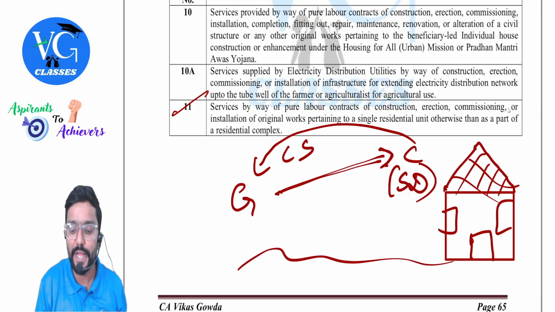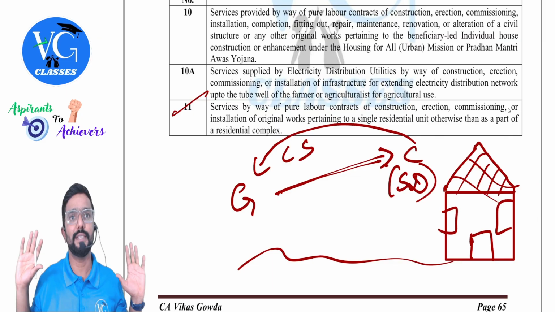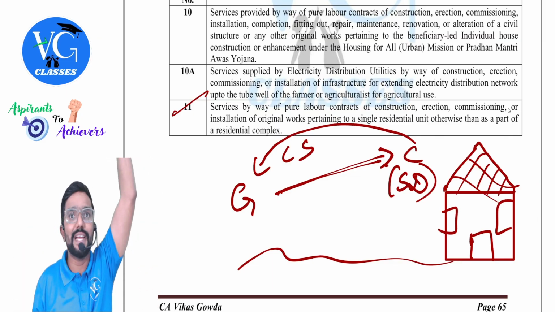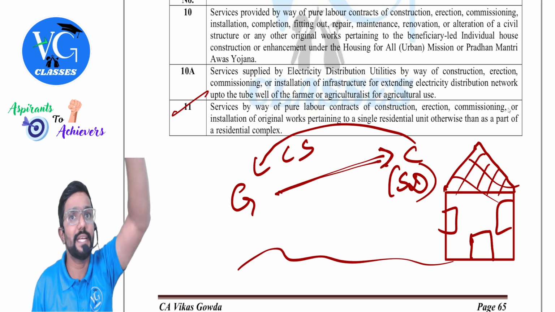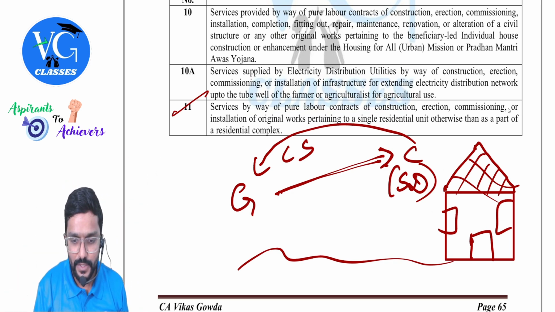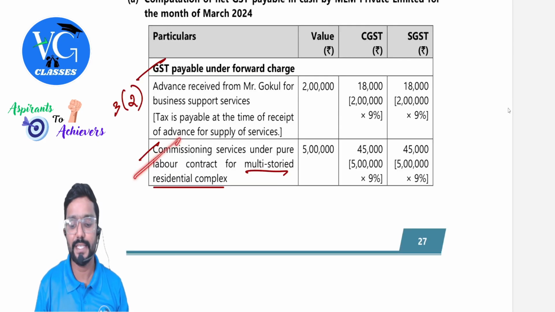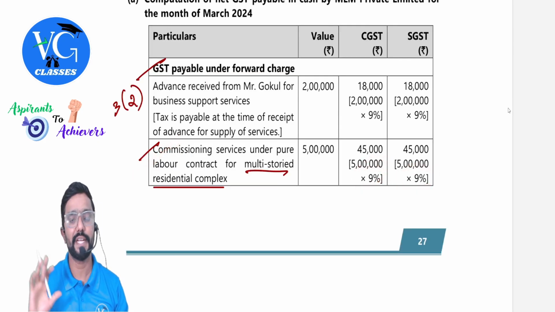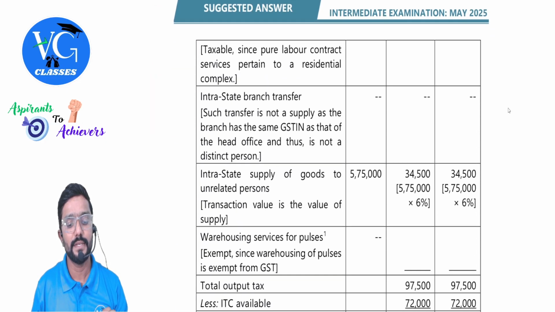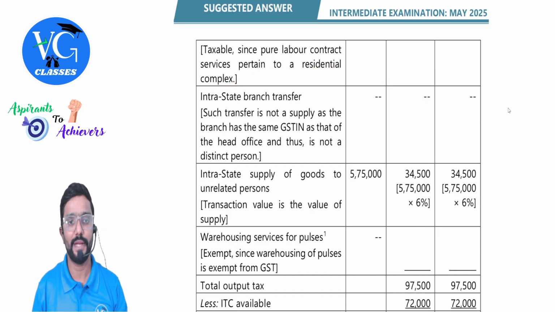No. They told we are excluding it. Got it? If it is a single house, exempt. If it is a residential complex like flats, apartments and all, is it exempt? No. Hope you are getting it. So that means this is taxable. As it is a service, 9%, 9% each. Intrastate supply. Taxable since the pure labour contract service pertains to a residential complex.